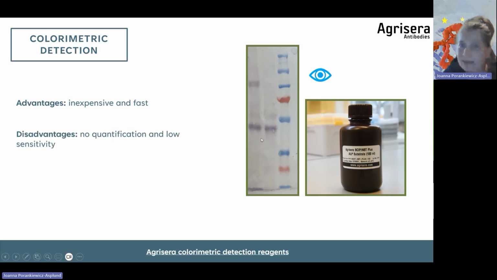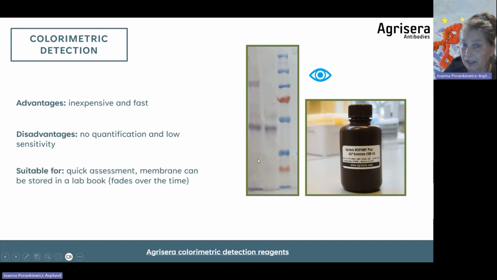However, please keep in mind that sensitivity is low. So this method will be good for proteins which are very abundant in the tissue. It will allow you a quick assessment, and then you can store the membrane strip in your lab book.